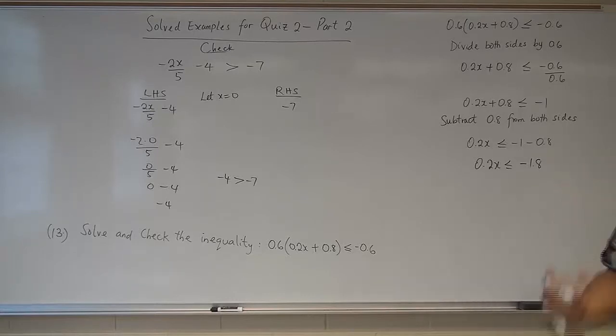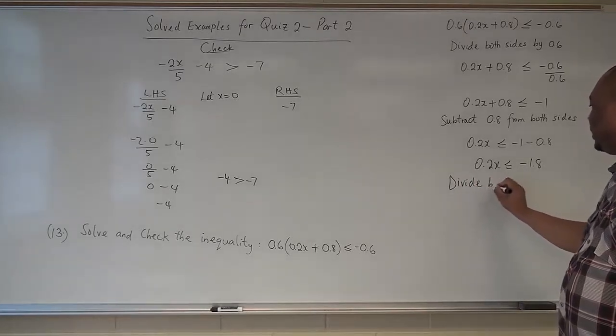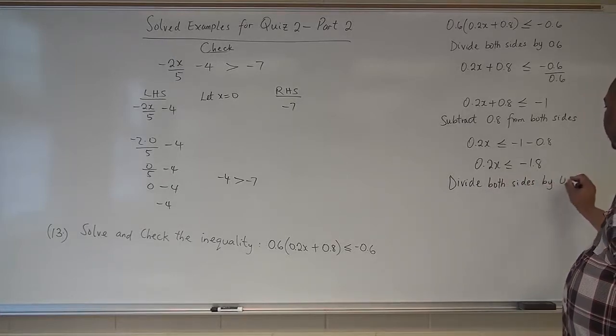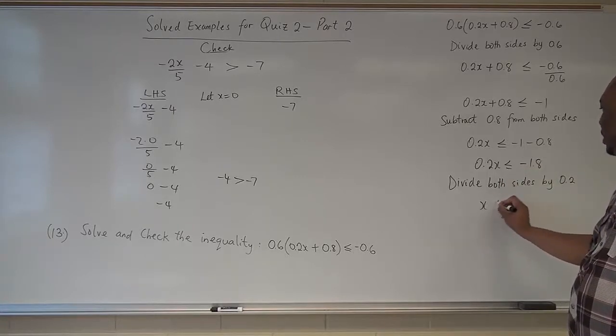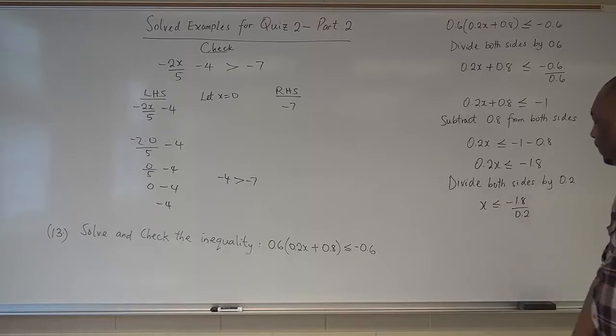And then you now divide both sides by 0.2. So x will now be less than or equal to -1.8 over 0.2. Okay?